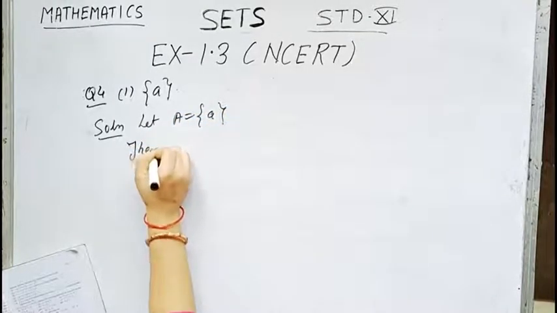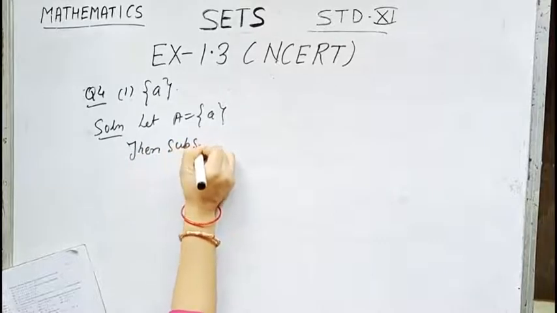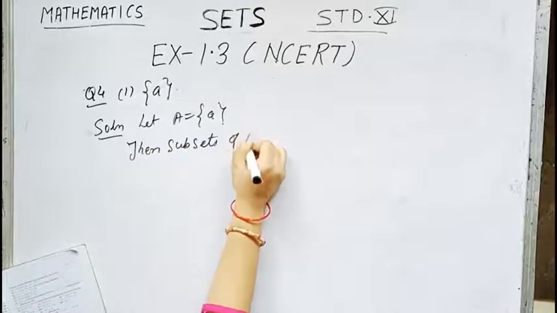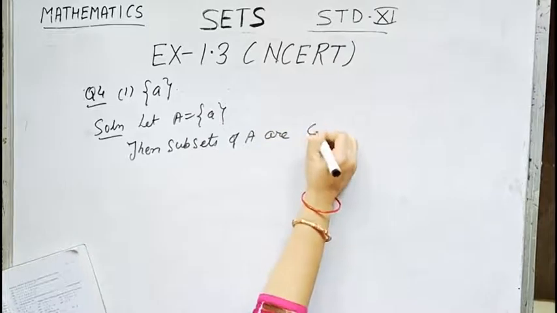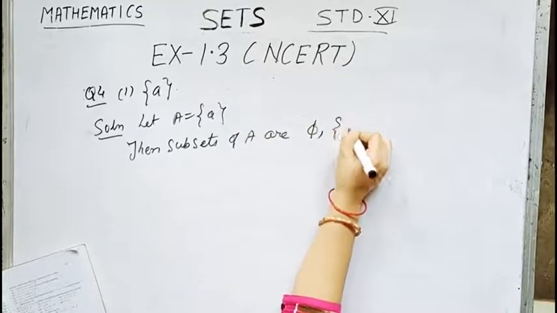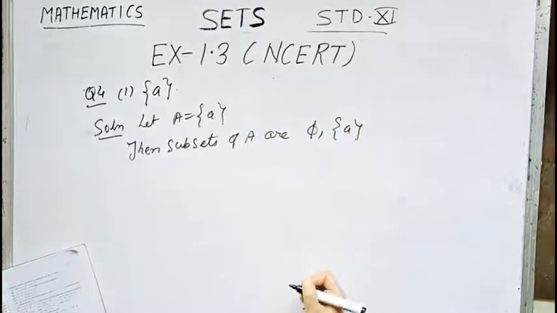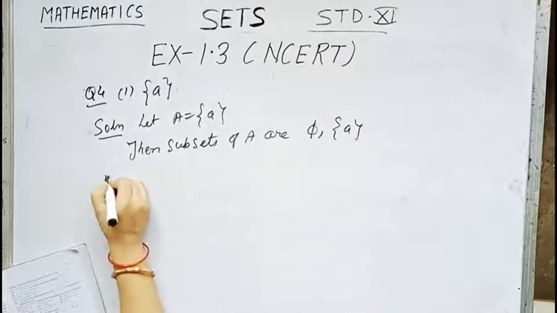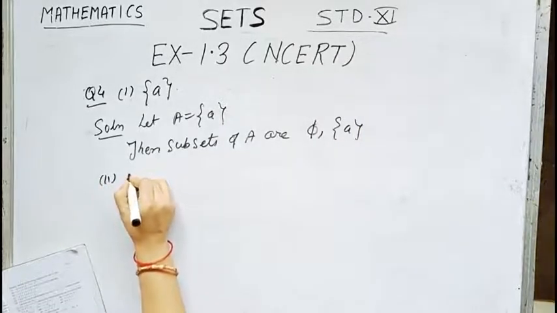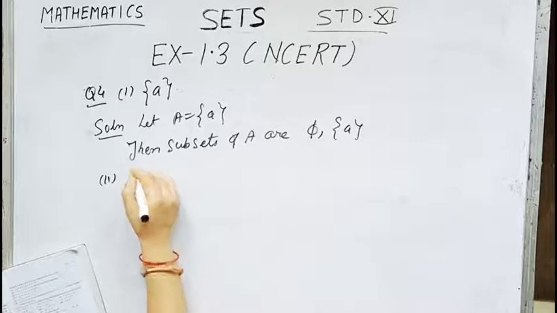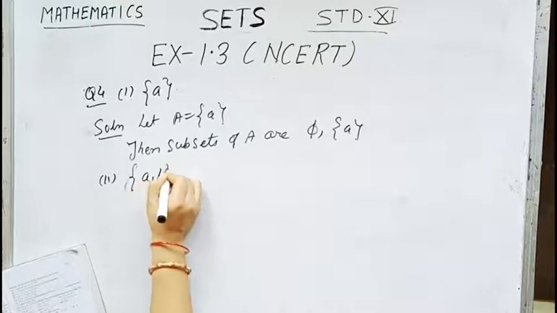Then subsets of A are phi and set containing A itself. Number 2 is set containing AB.